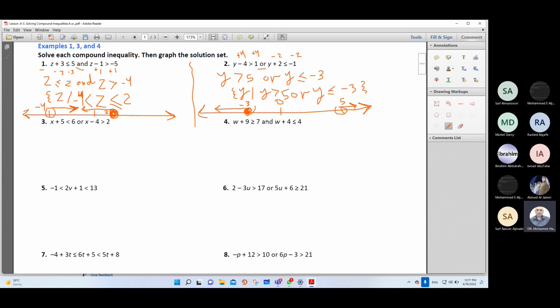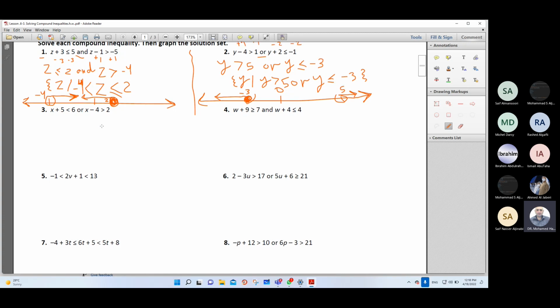So the area of the solution starts from -3, including -3 because of the shaded circle, to the negative side, and from 5 to the positive side. This is the difference between "and" and "or".